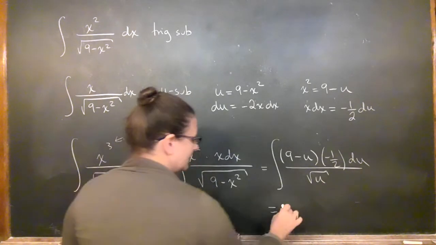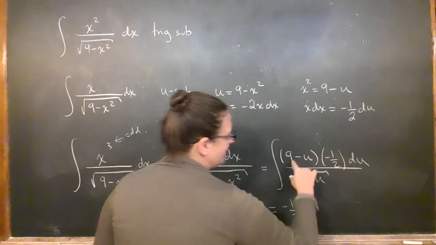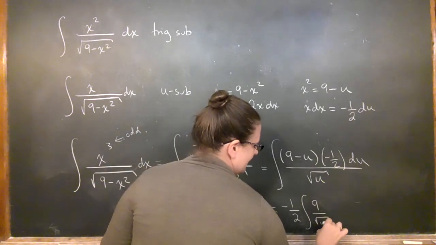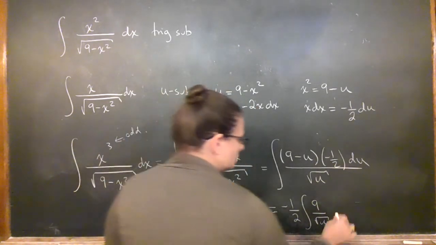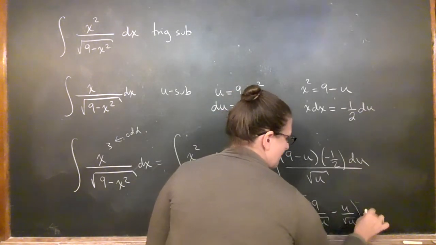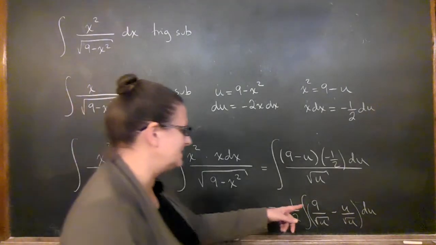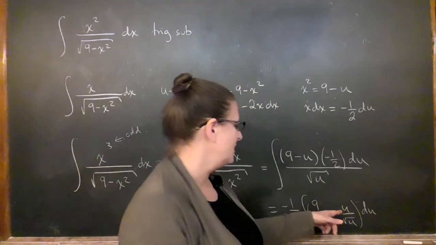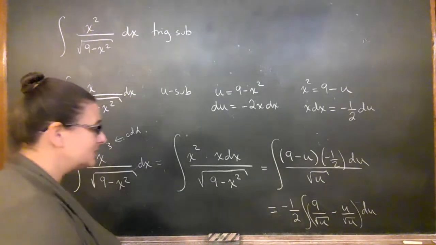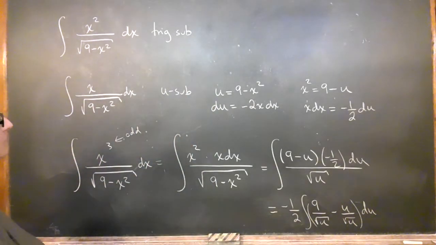I have pulled out the negative 1/2, and then I have 9 minus u over the square root, so I can break that into 2: 9 over square root of u minus u over square root of u. And then I can just continue from there, because this is 9 u to the minus 1/2 minus u to the minus 1/2, u to the 1/2. So in this form now, I can do that in a pretty straightforward way.